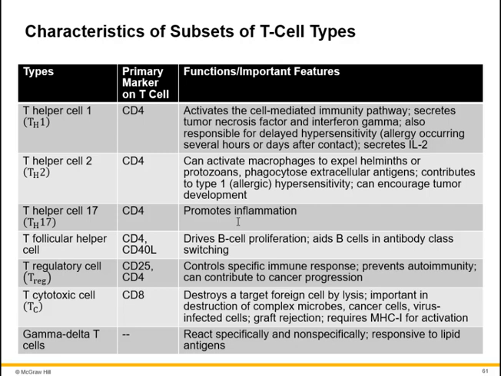Here is a lovely table which has all of the different subsets of the T cells and the type of marker that they have. Again, I'm really just focusing on the CD4 and CD8. There are others like the CD4L and the CD25 here for the regulatory, but you do need to know these functions.